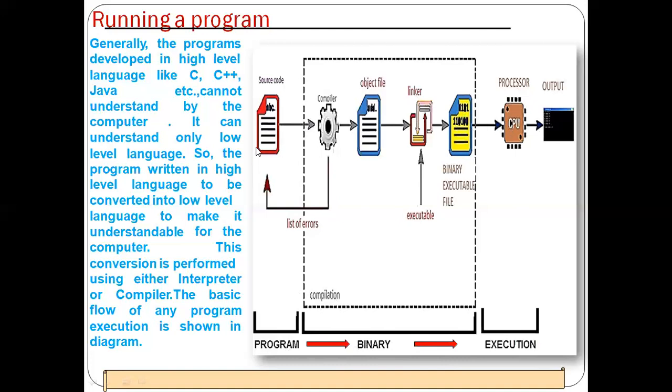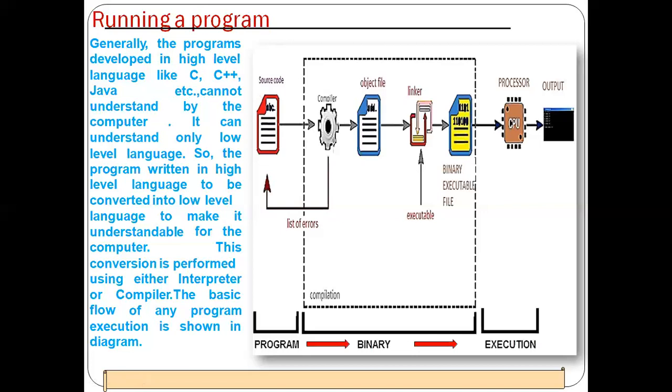So what does it do? The program which you write in a high level language is converted into machine language by the compiler or interpreter. Then if there is an error, it sends it back to the source code, whichever language you have written.